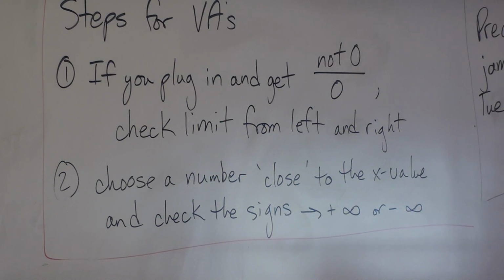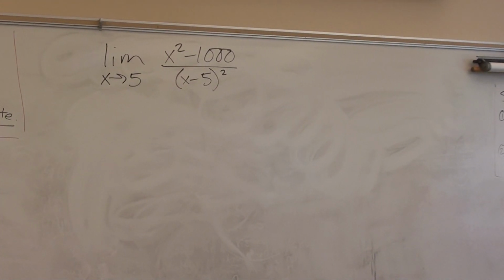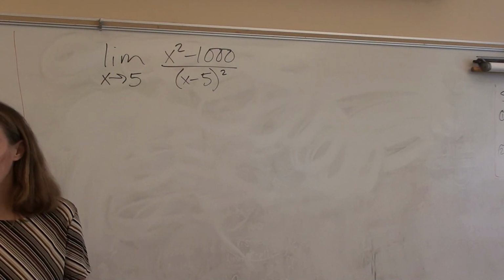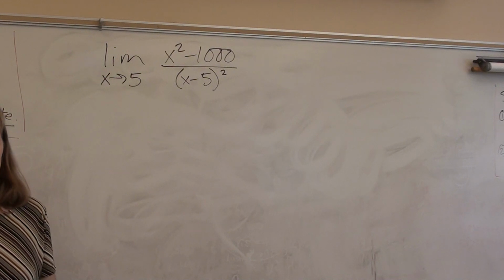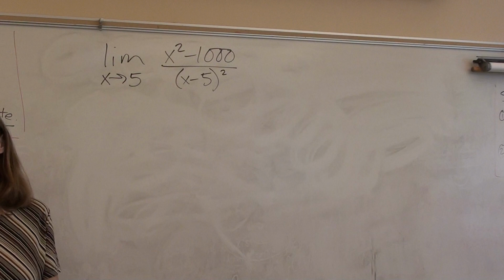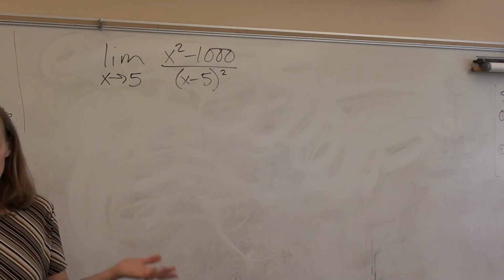Okay, so we're doing the limit as x approaches 5 of x squared minus 1,000 over the quantity x minus 5 squared. First thing we do is we plug in a 5, and we get negative 975 over 0. So what does that tell us? Specifically, what do we have at 5? We have a, what kind of an asymptote? Oh, vertical. We have a vertical, my bad.